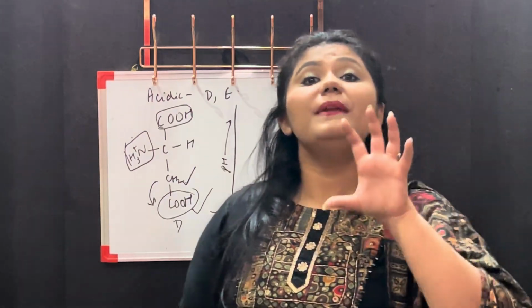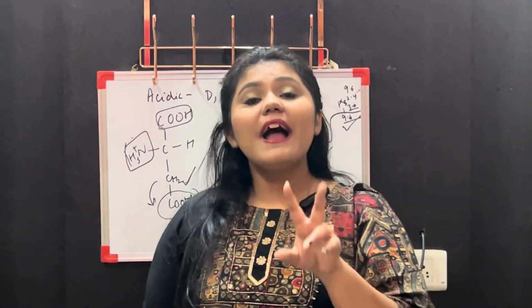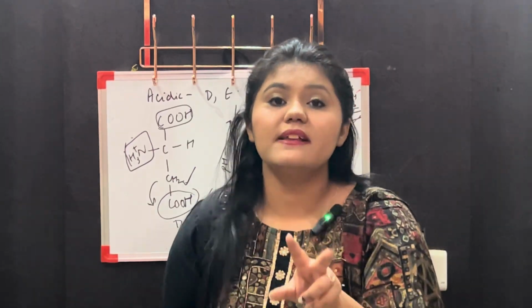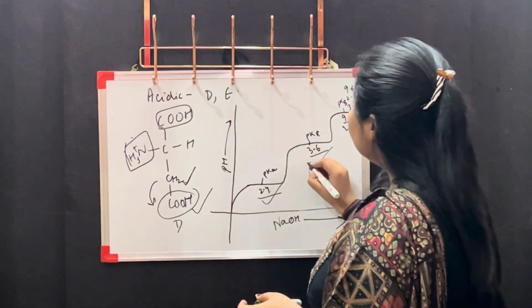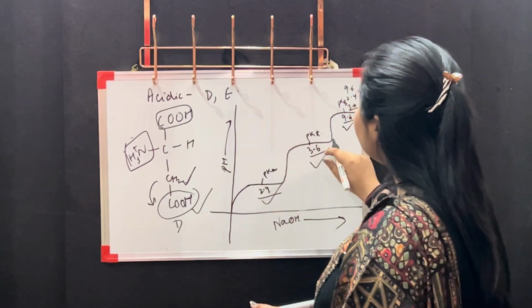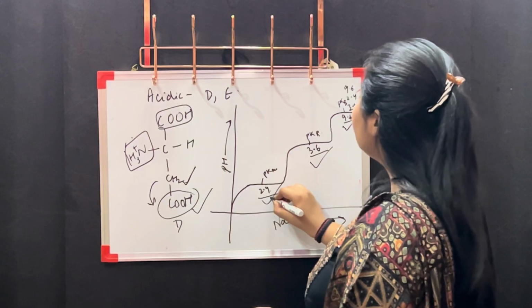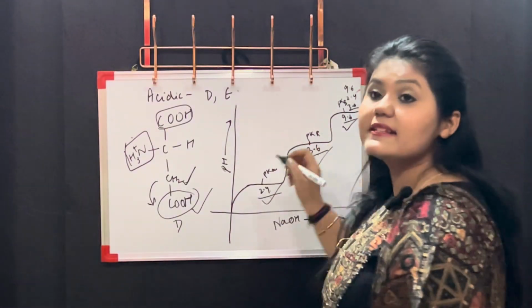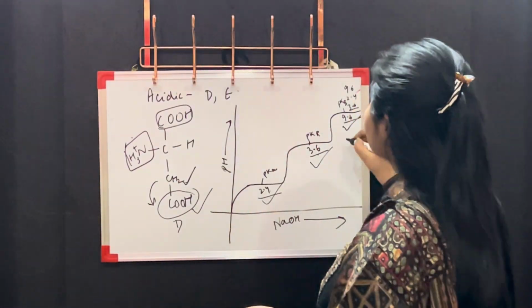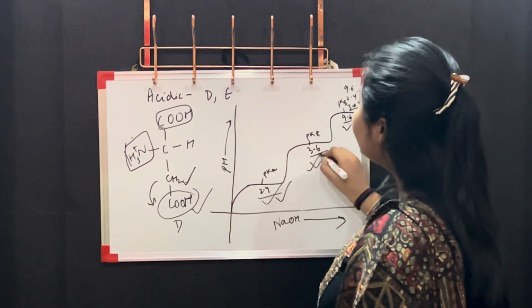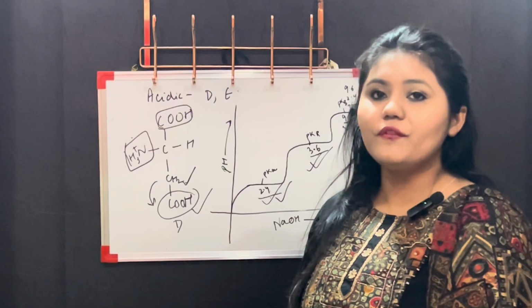To do so, we have to take the two pKa's that are very closely present, meaning the difference between them is not that significant. For example, the difference between 2.4 and 3.6 is less than the difference between 9.6 and 3.6. So we will take these two values and calculate the pI of aspartic acid.